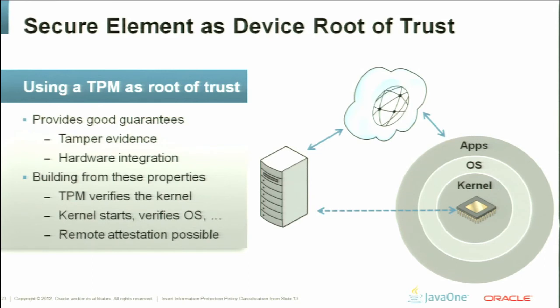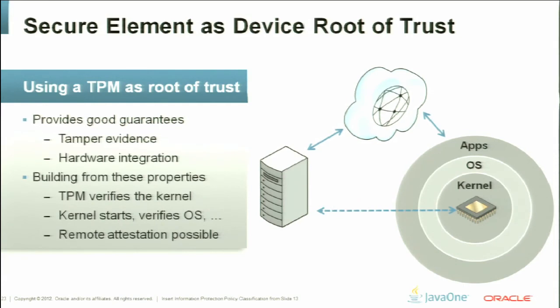The other one is hardware integration. It's very important when you use something that is going to verify the integrity of a device that it starts first. The idea is that when you boot, for instance, a PC which is equipped with a TPM, when you turn it on, the first thing that happens is that the TPM gets powered, which allows it, for instance, to start verifying the kernel.